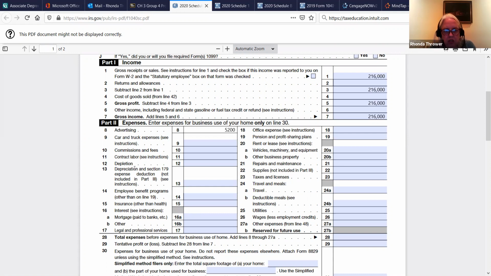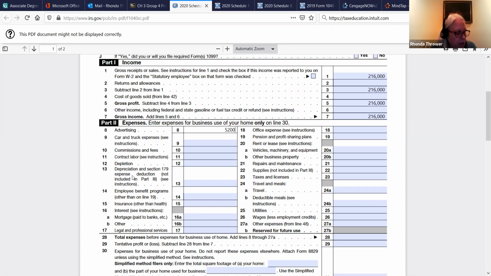Depletion is for depletable assets like forests, or anything you could take out of the ground like coal, or water you could deplete, I guess. We didn't have any of those. We weren't that type of business. We were a service business mainly.